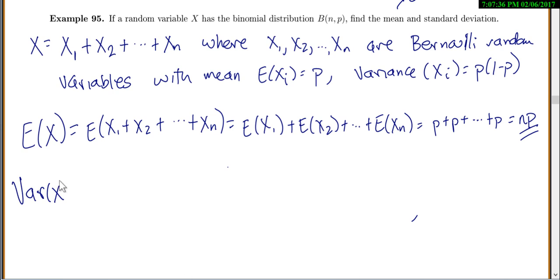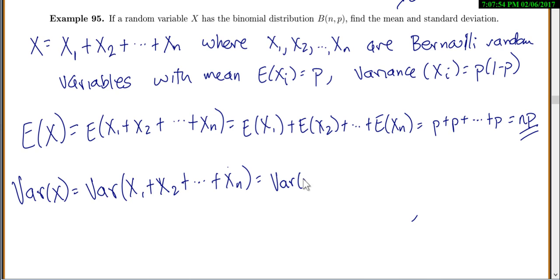And the variance of x, we're going to do the exact same thing here. So we just write it out. It's really the variance of x1 plus x2 plus all the way up to xn. And luckily, because we know that they're independent, they're not affecting each other, we can just do the variance of each one separately and add them up.